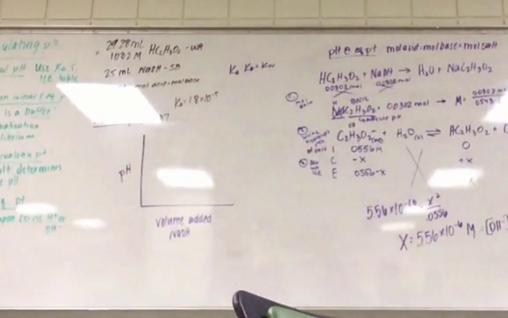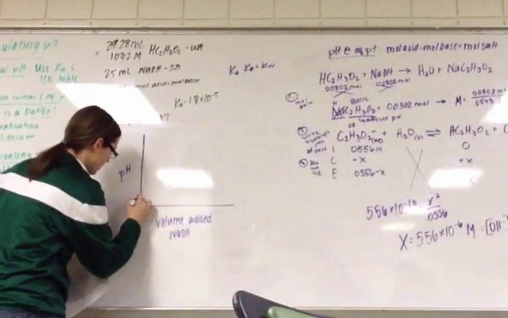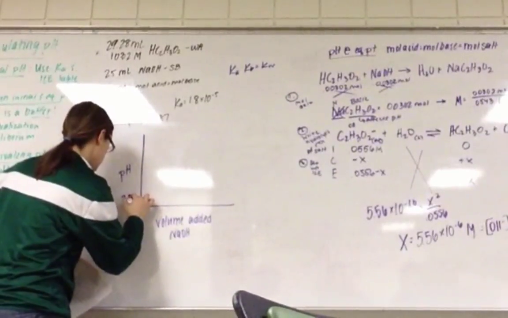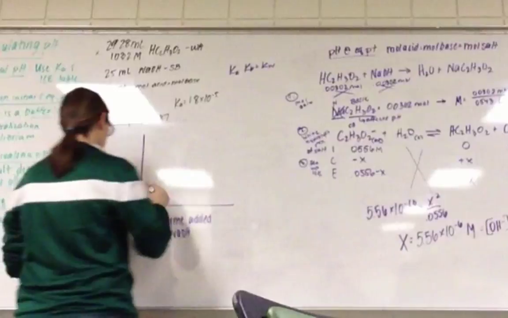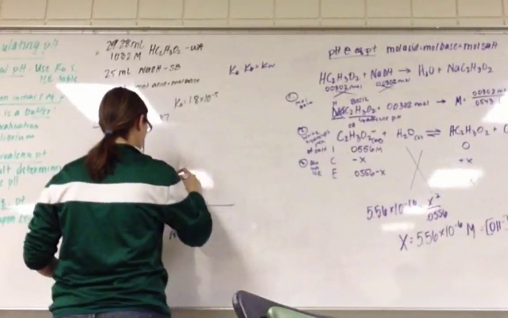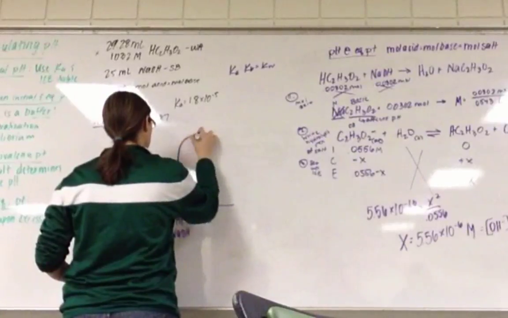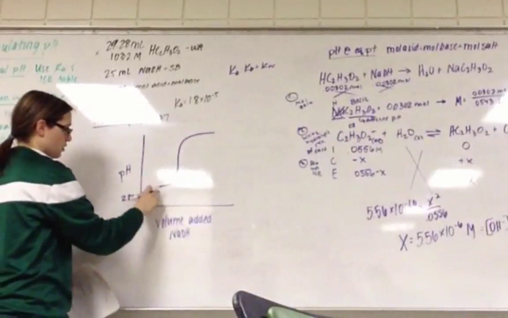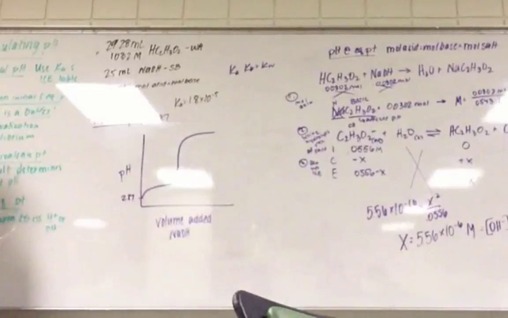What was the initial pH for this titration? 2.87. So we're going to start at 2.87. Remember, we have this kind of curve because that's our buffer region. Whenever you have a weak-strong titration, you have this little curve because it's a buffer region.